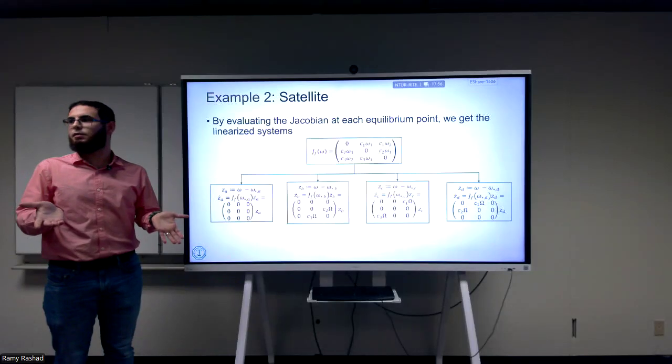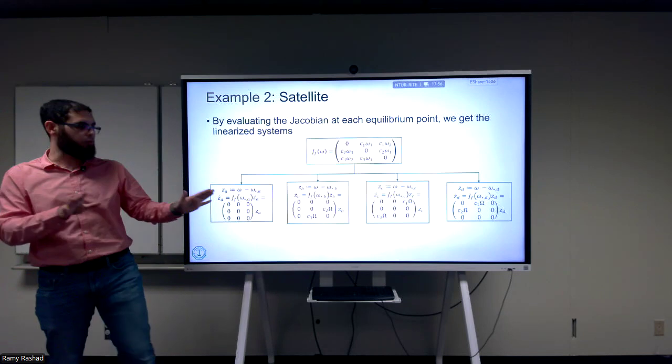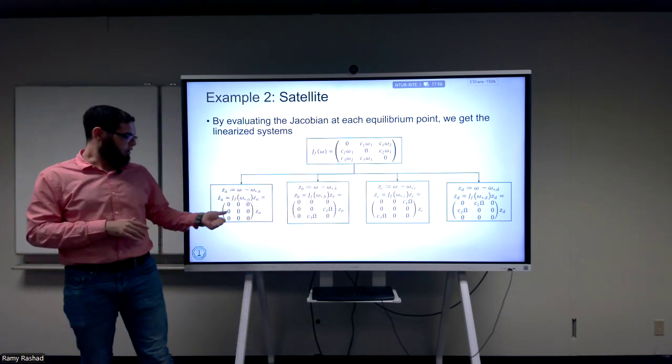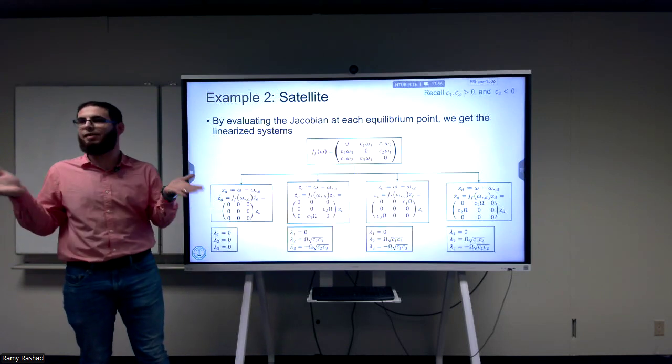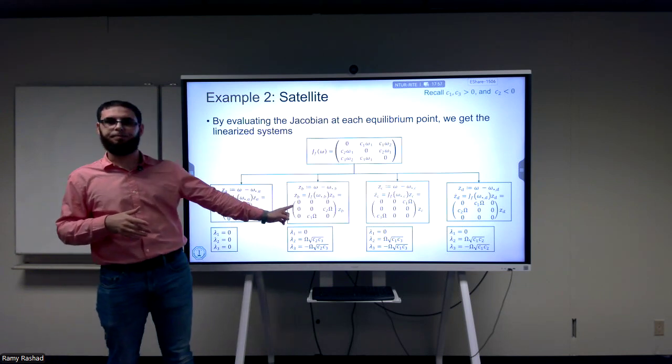And then what do you do next? Calculate the eigenvalues. Again, we're going to leave everything symbolically. We're not going to substitute anything, no numbers. The eigenvalues of this one will be 0, 0, and 0. It's a 0 matrix, so it has 3 eigenvalues. This is a skew-symmetric matrix.